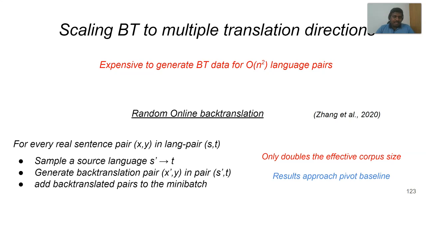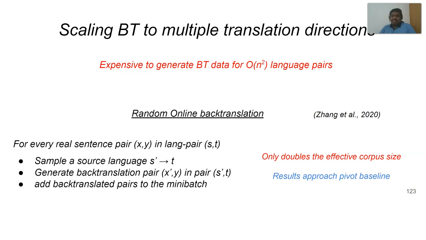One work looks at the problem in a random online back translation way, where during training with the standard English-centric data, for every sentence pair, we generate one non-English sentence pair on the fly using back translation, augment the batch with that synthetic data and optimize.